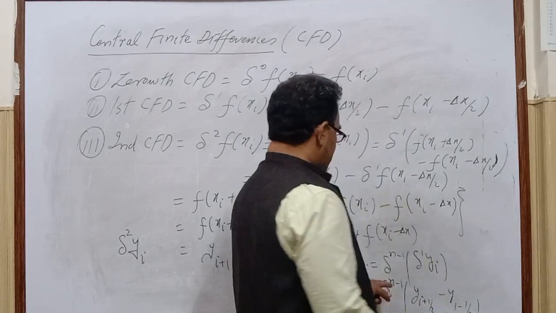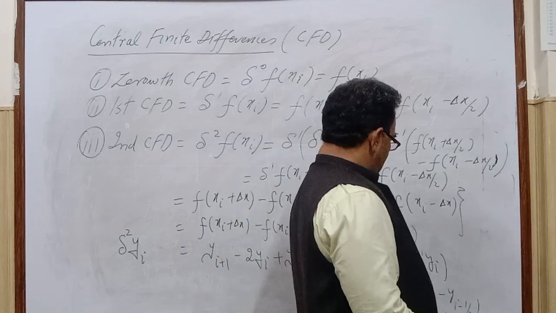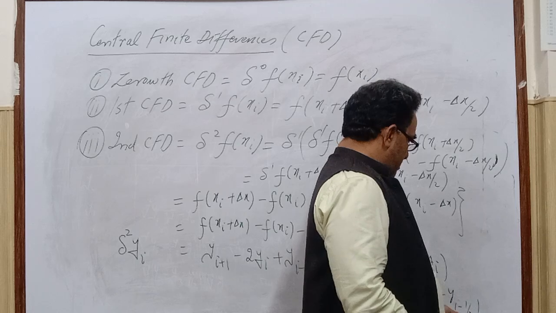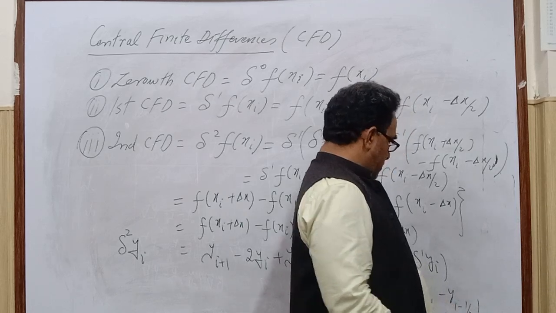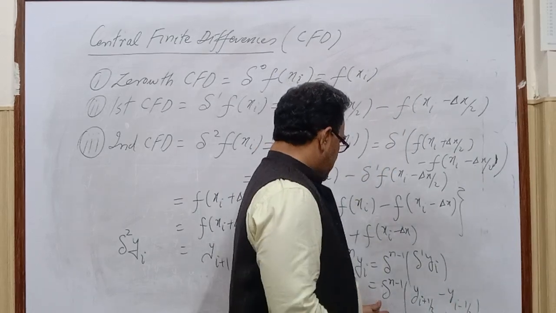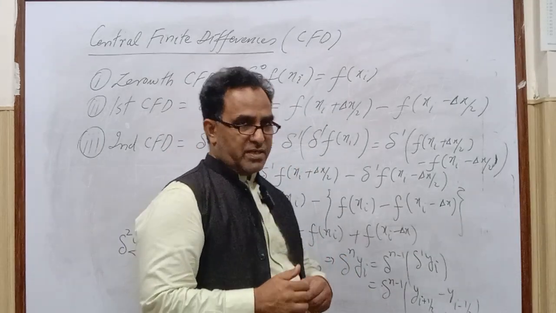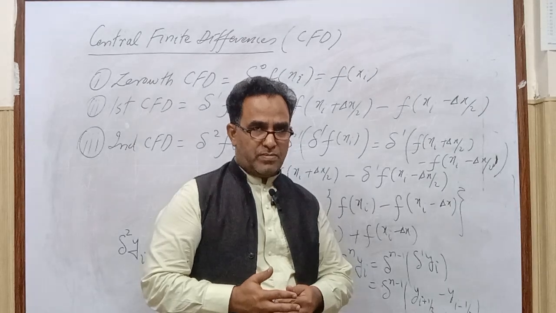And this delta n minus 1 will operate separately upon yi plus 1 by 2, minus it will also operate upon yi minus 1 by 2. So this is the general nth level CFD.